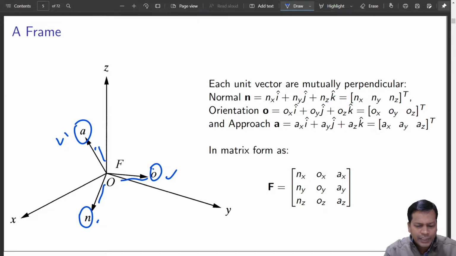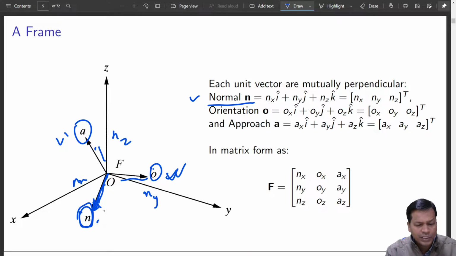Basically, the normal vector n is a unit vector along the local x-axis of the object. If it is a UVW frame attached to this object, one of the vectors is the normal vector. It is a unit vector along one of the axes of the object. If this is a frame, it will have its own components, nx along x, ny along y, and nz along z.